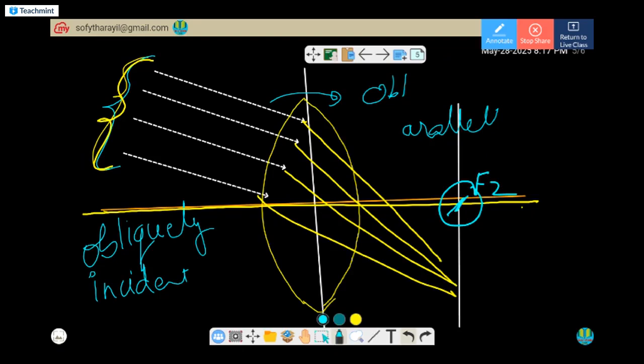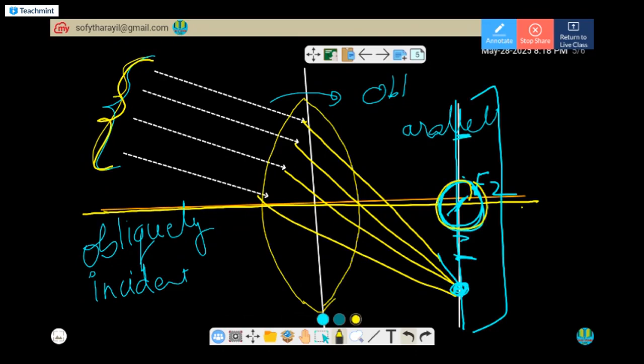They will all meet here. And if you try to draw a straight line that is perpendicular to your principal axis, then that line is actually passing through F2. So the condition is that it's somewhere going to be on that plane of F2. Anywhere here on the top, but if you trace a straight line and that line is crossing the F2, you can say it's actually lying on the focal plane.